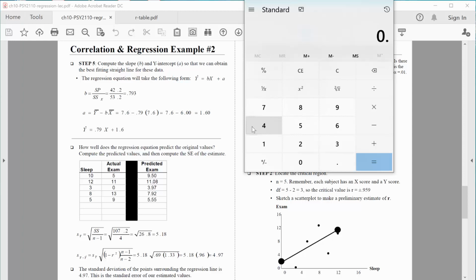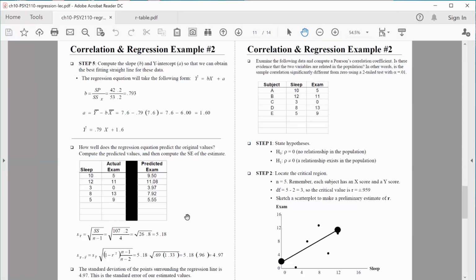I'm just going to do it that way, the way we normally do. So we'd be left with about 0.92, and we take the square root. So we would round this to about 0.96. So the last thing that we need to do is take that 5.18 and now multiply by 0.96. 5.18 times 0.96. That equals about 4.97.